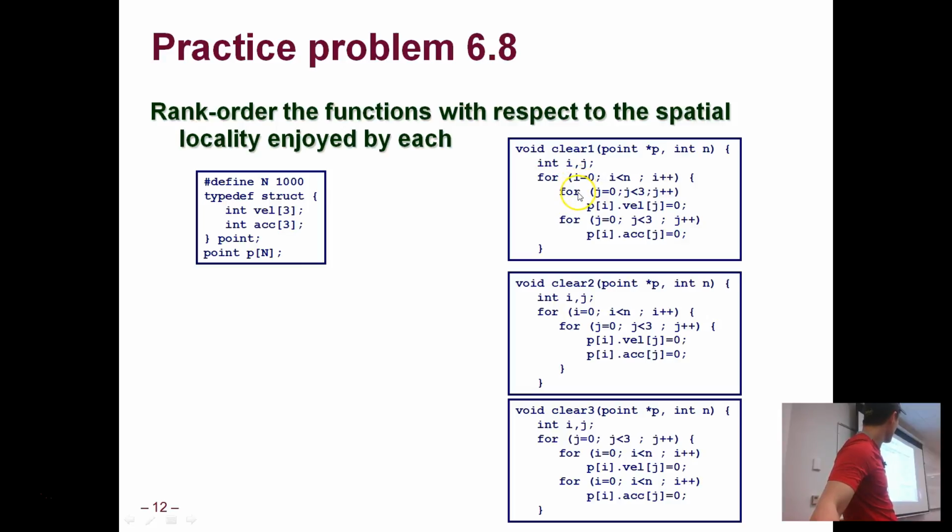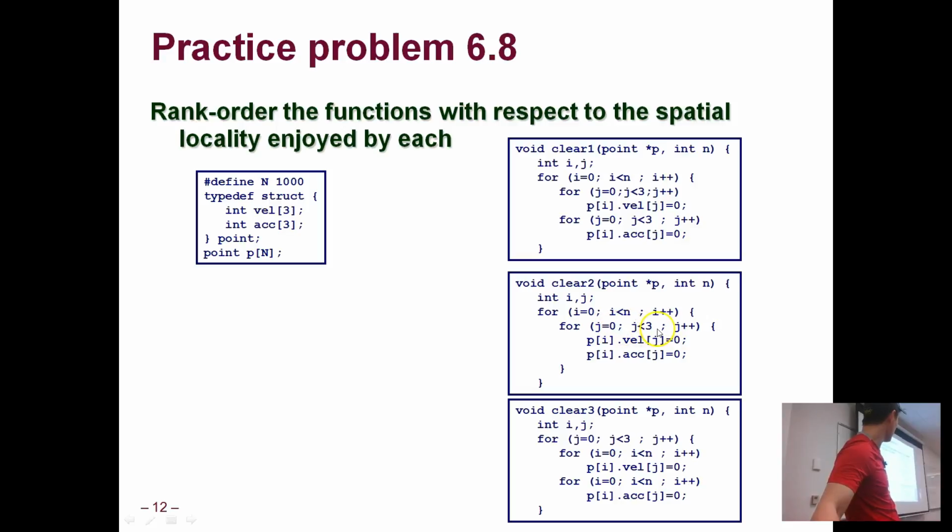And then for j from 0 to 3, this is going to zero out the velocity vector for this point. That's what this line does. And then this one zeroes out the acceleration vector for this point. And then similarly, clear 2 and clear 3. Clear 2 does the same thing for each point.